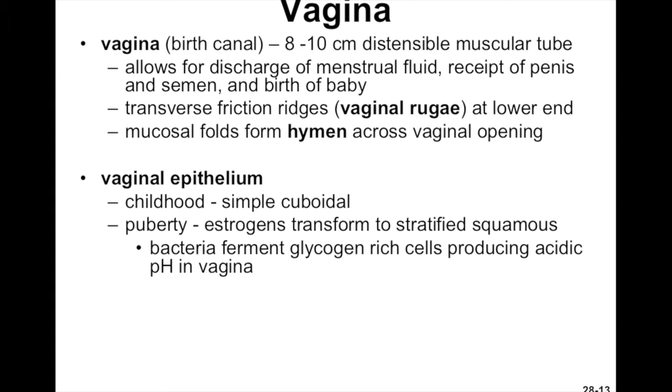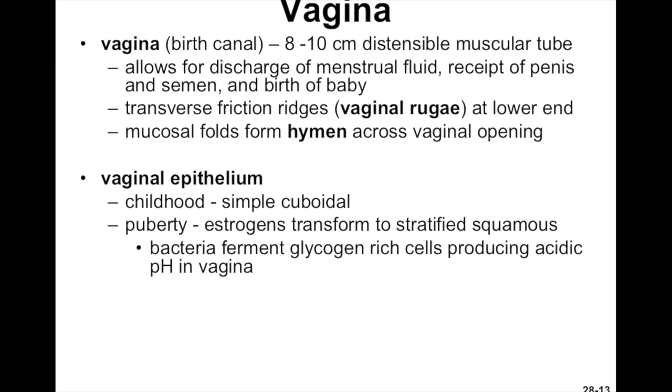And this allows for discharge of menstrual fluid, receipt of the penis and semen. Basically, it means it can fit the penis in and receive semen and allow the semen to travel up into the uterus. And of course, you need strength in the vagina in order to push the baby out during labor.